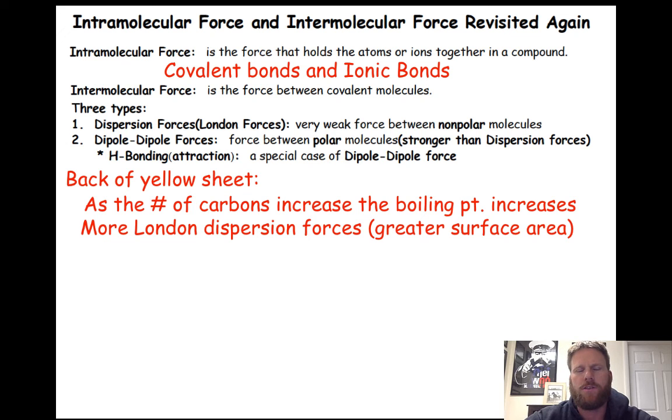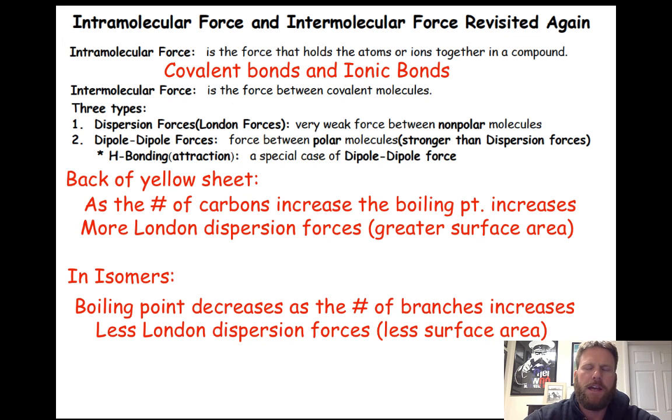This is because there's more London forces, because there's a larger surface area on those larger molecules. So therefore, there's possibilities of more London forces forming. You'll also notice from what we've done here in the last couple examples that the boiling point decreases as the number of branches increases on an isomer. This is because there's less surface area on those molecules that have branches. So therefore, there's less possible London forces that can form between those molecules.